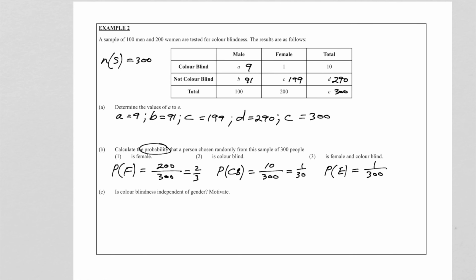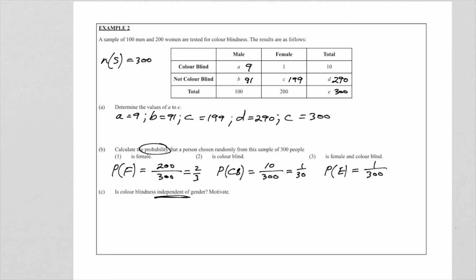Now for the last question, number C. And this is very popular whenever they test two-way contingency tables, that they will ask you about independence. Now, just to point out, they say, is color blindness independent of gender? They didn't specify which one you must use, female or male, and it doesn't really matter.